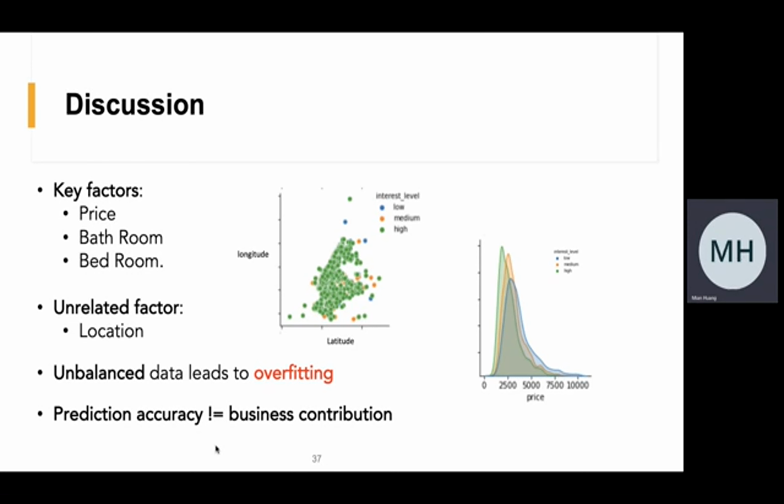If you are the business owner or the website owner, you would want to select all the high interest level apartment information and place them on your first page rather than leave them at the following pages, because you want to attract customers at first glance and keep them staying with your website, right?